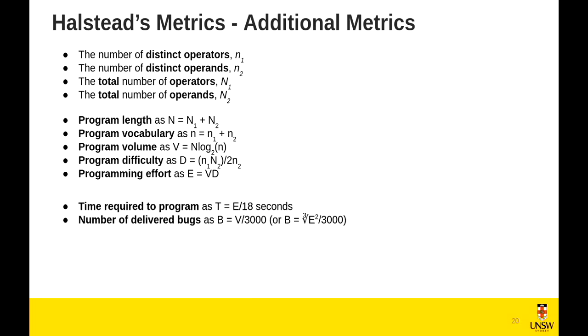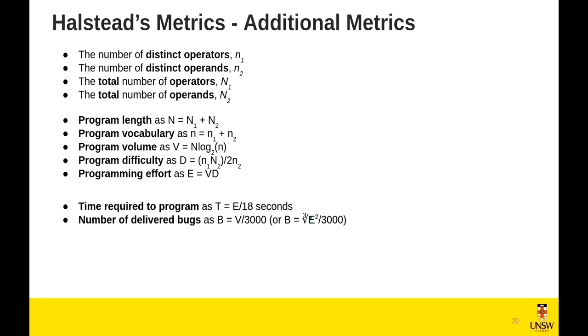And the number of expected or delivered bugs is calculated as V divided by 3,000, the program volume divided by 3,000, or this is the more recent calculation, and there are some other calculations like this.